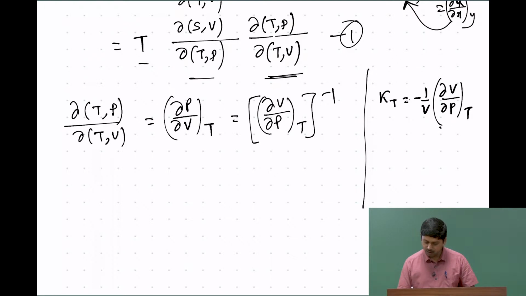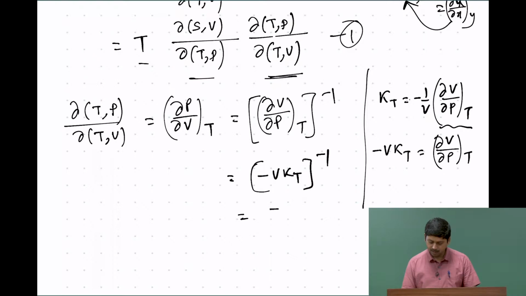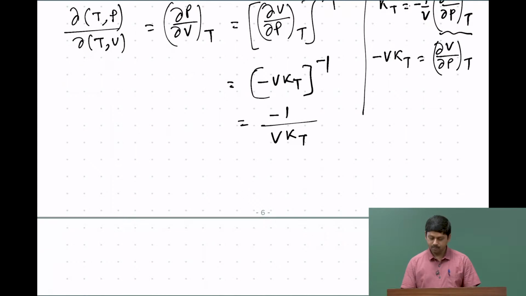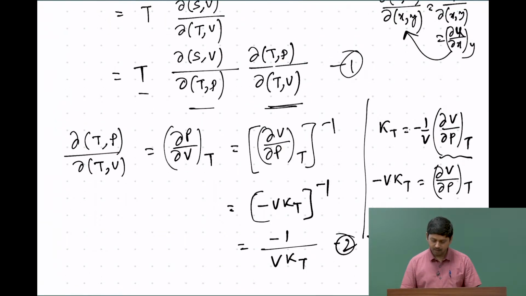Therefore, del V by del P at a constant temperature is minus V kappa T. So, I can write that as minus V kappa T, and the inverse of that is nothing but minus 1 by V kappa T. Keep it as equation 2.